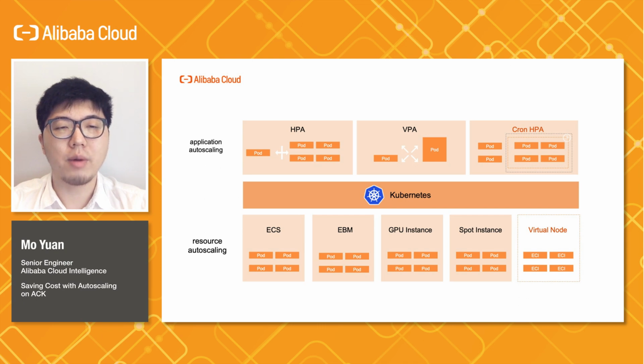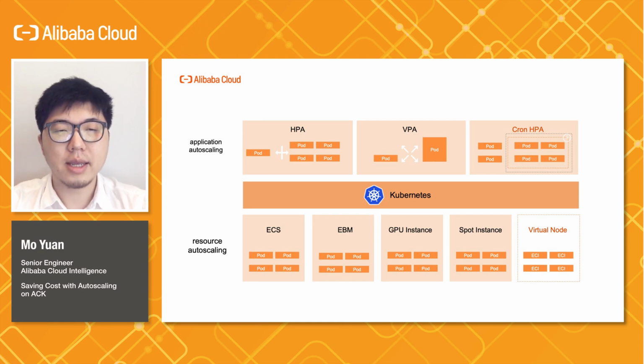VPA is vertical pod autoscaling. It's not that popular, and we will not talk about it in detail today. Cron HPA is another pod autoscaling method. You can autoscale pods based on cron-type rules. It's useful when you know the resource usage trend in advance.